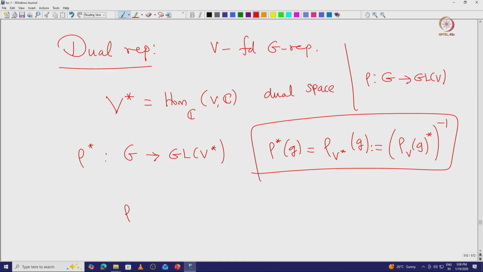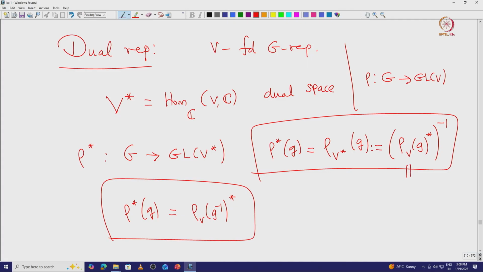So in particular, rho star of g is given by taking rho_V of g inverse and then taking star. So this identity is indeed true: it is the same as rho of g inverse and then taking star on top of it. This is something we already defined, I guess.